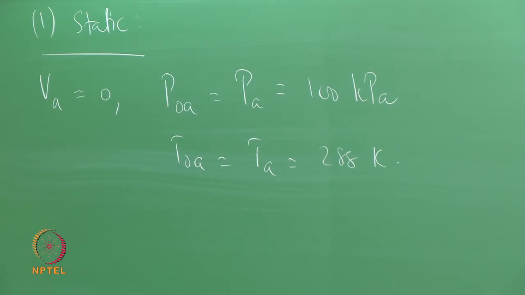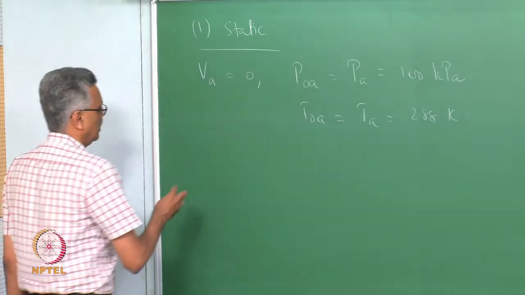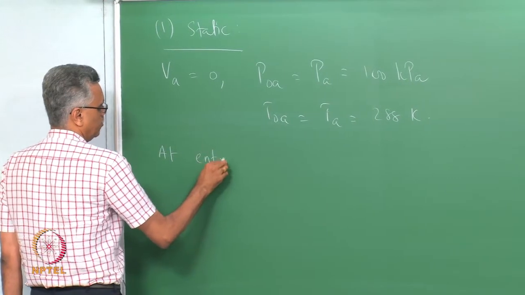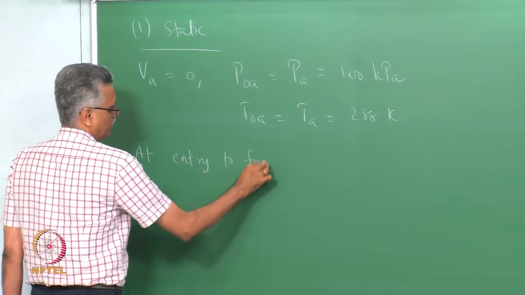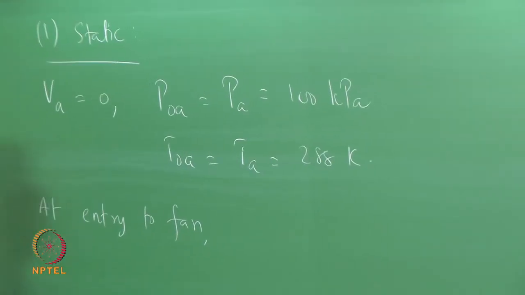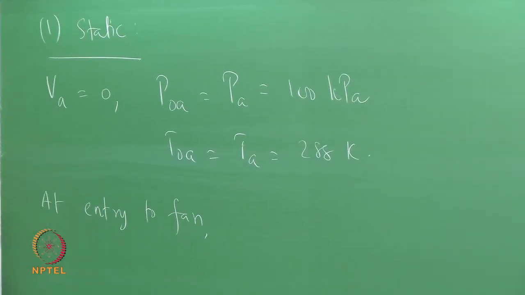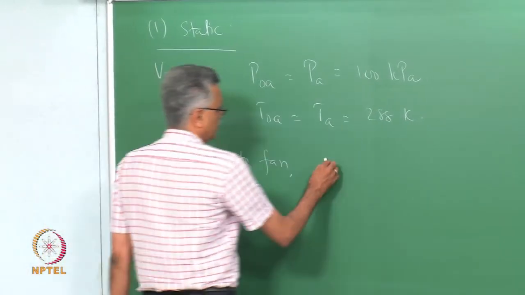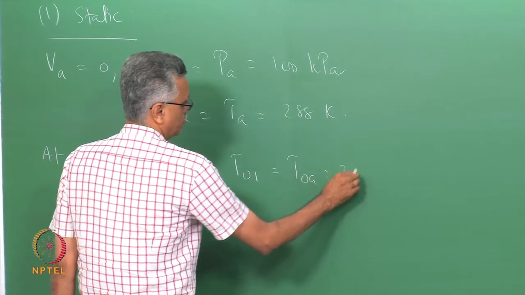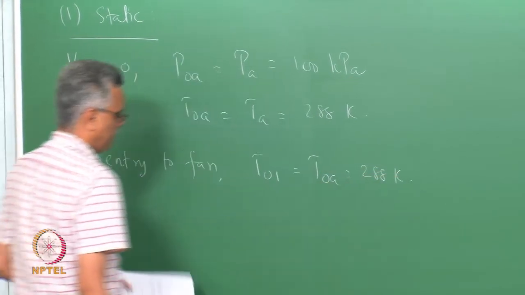So, this is the free stream condition. So, at entry to fan, this is the inlet. Since there is no work or heat addition or extraction in the inlet, we have T01 is equal to T0A is equal to 288 Kelvin.